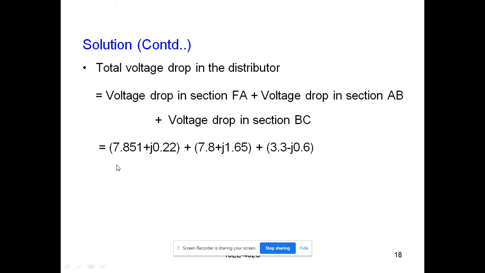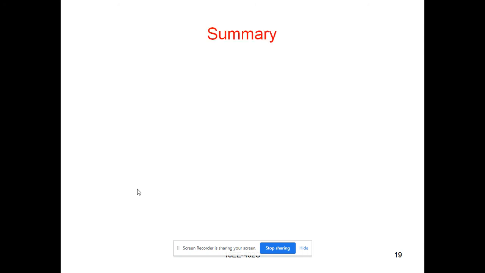We got the voltage drop in section FA as 7.851 plus J 0.22, plus the voltage drop in section AB, 7.8 plus J 1.65, plus the voltage drop in section BC, 3.3 minus J 0.6. On adding this, we get 18.951 plus J 1.27. Okay, this is approximately 19 volts.